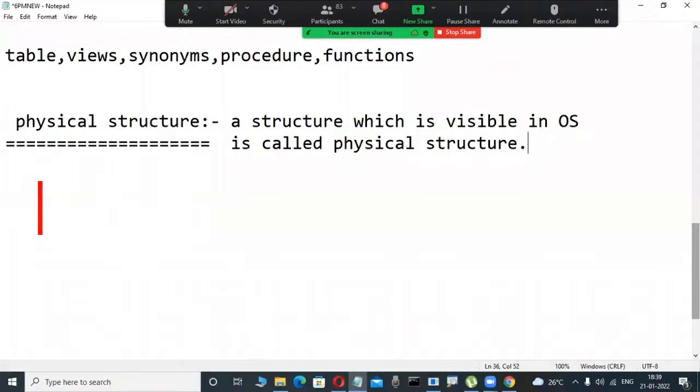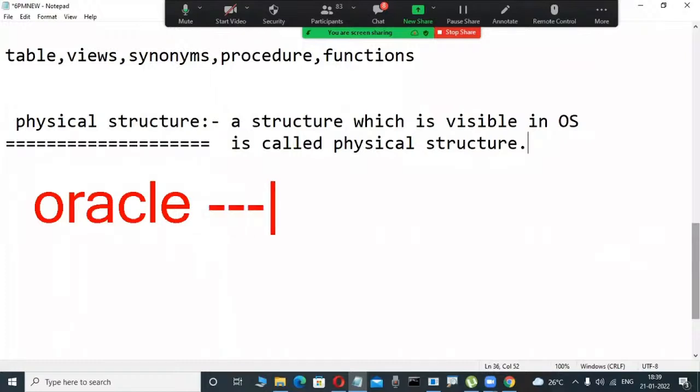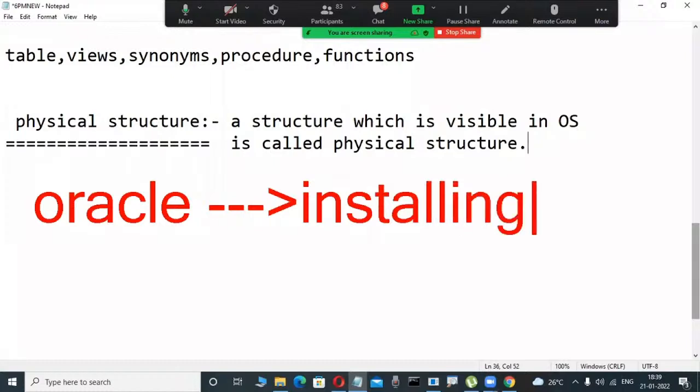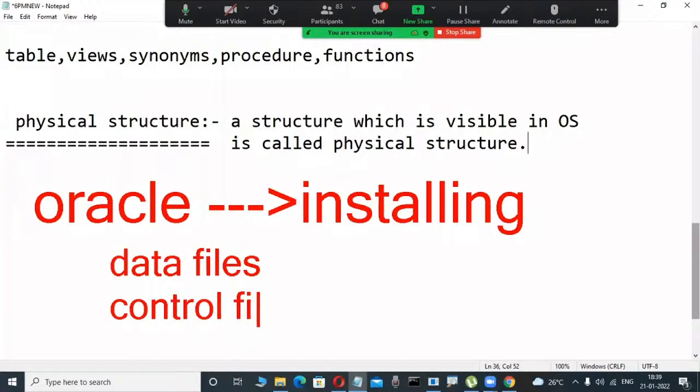Same like that, Oracle is a relational database software. MySQL, SQL Server, we install, for example. Whenever I'm installing Oracle, automatically some physical files are created: data files, .dbf files, control files, and redo log files are created.